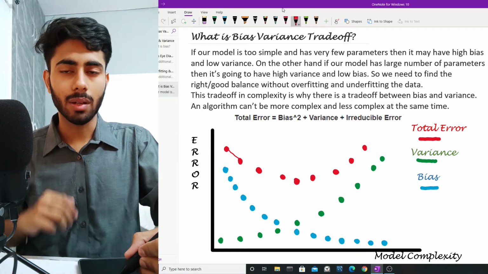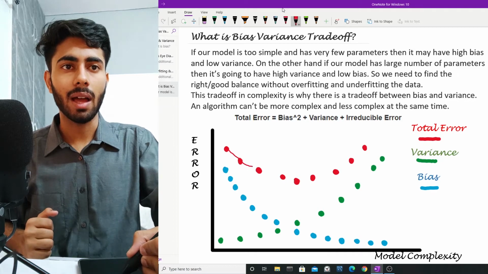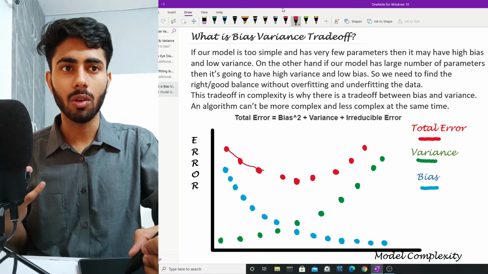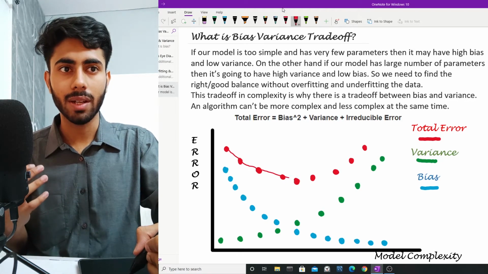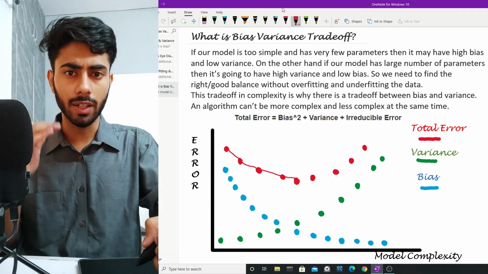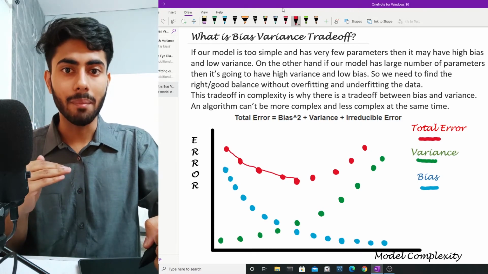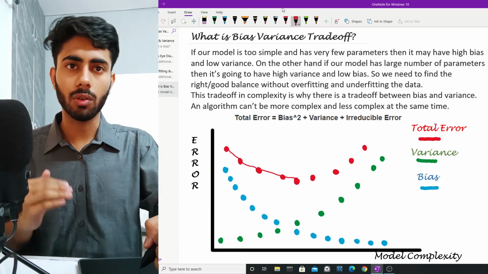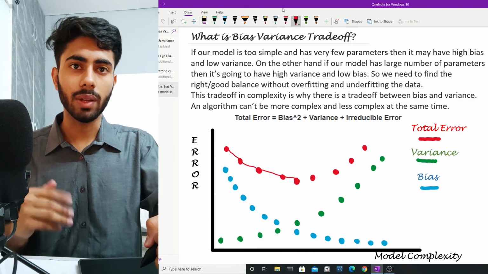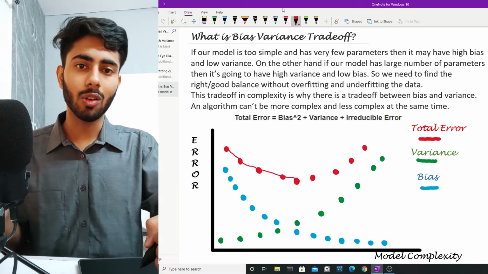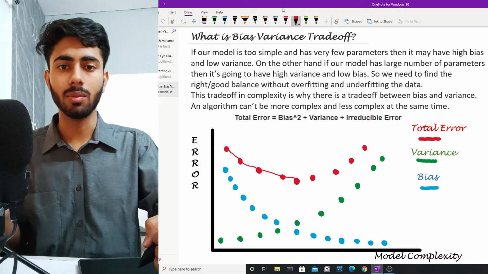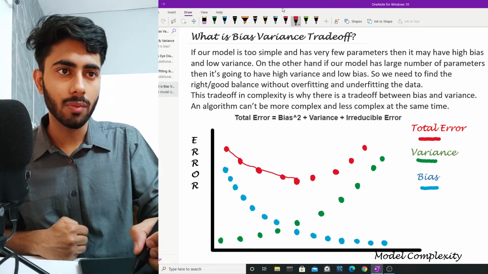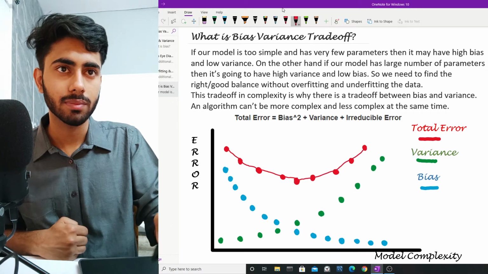As I continue to train my model, and as I continue to increase my model complexity, my prediction error decreases. But after a certain threshold, my prediction error does not continue to decrease. It will now try to increase. Why? Because my model complexity is now more than the threshold. So my error will look something like this.